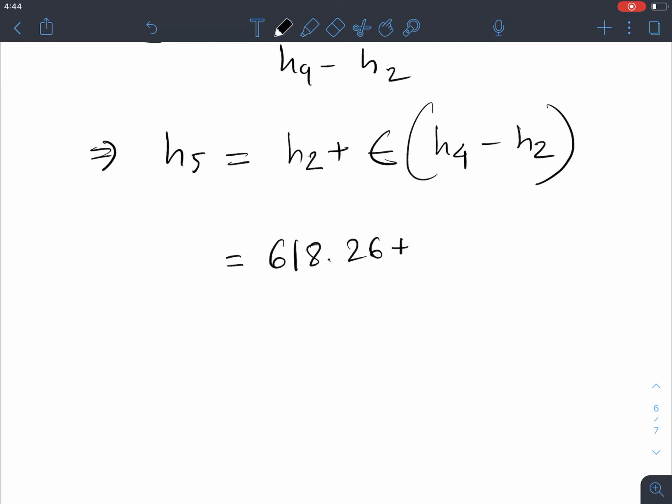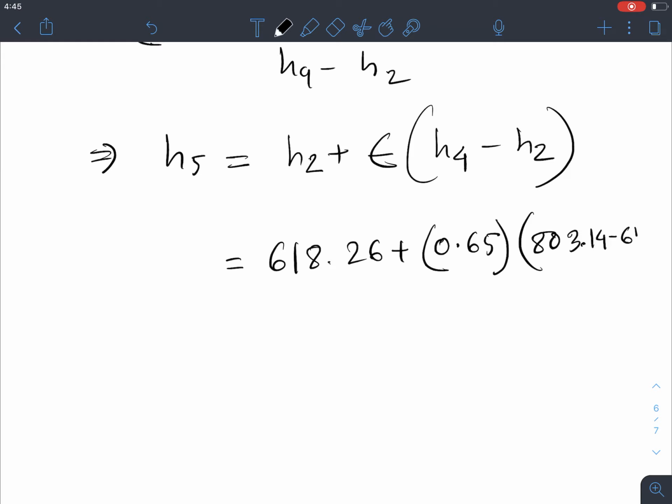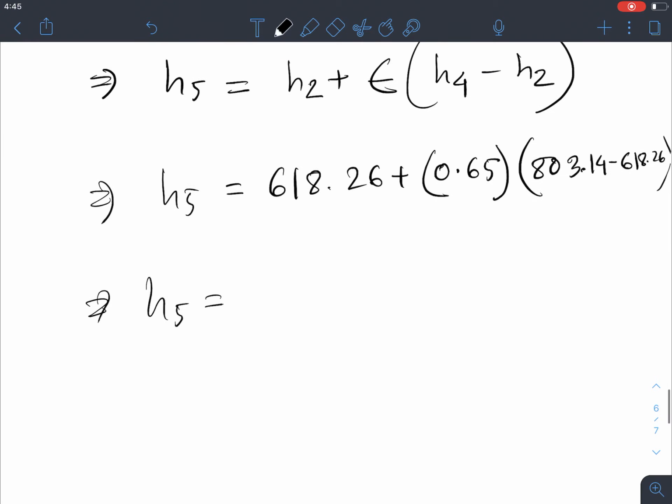We know the effectiveness of this system and also all those thermodynamic properties. So 618.26 plus the effectiveness of this regeneration unit, which was 0.65, times H4 minus H2.